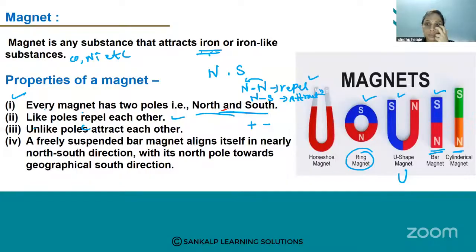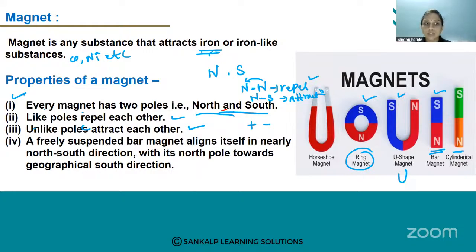Okay, the first property tells that every type of magnet has two poles, one north and another south. Then the second property tells about attraction and repulsion. Like poles repel each other and unlike poles attract each other. This is the second property of the magnet.